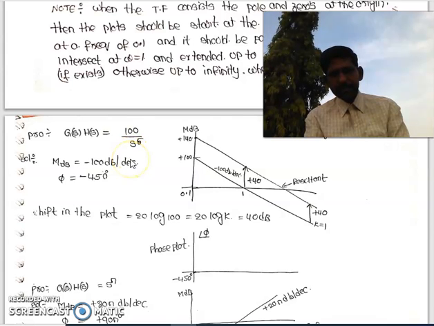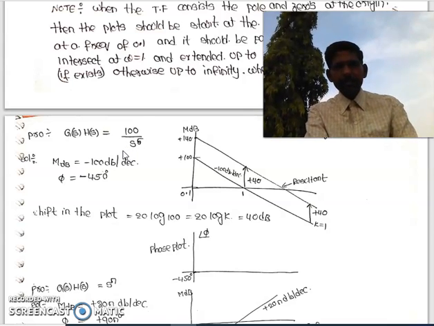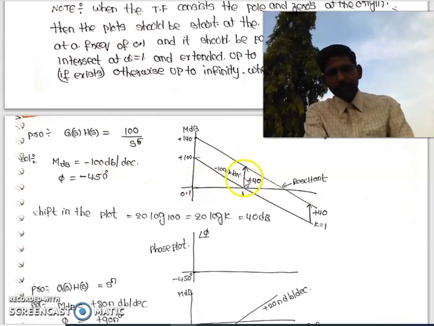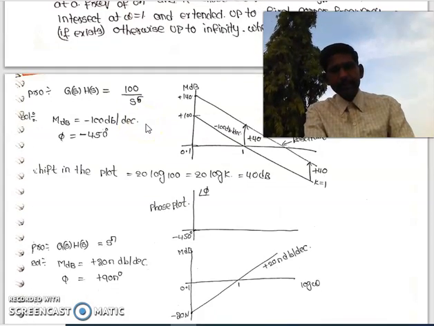This 100 can be 10 square, and 20 log of 10 square is nothing but 40 dB. So plus 40 dB will be shifted upward, since this 100 is in the numerator.